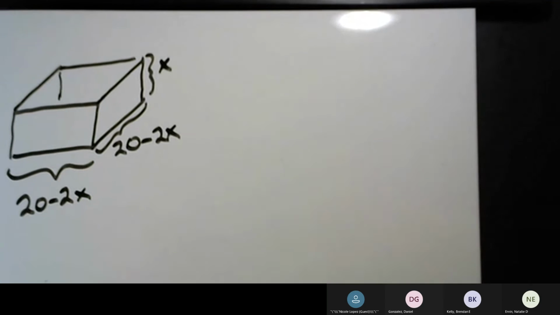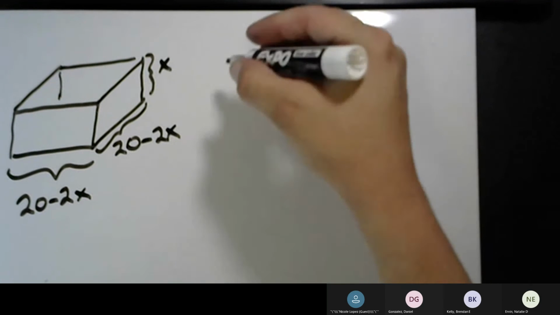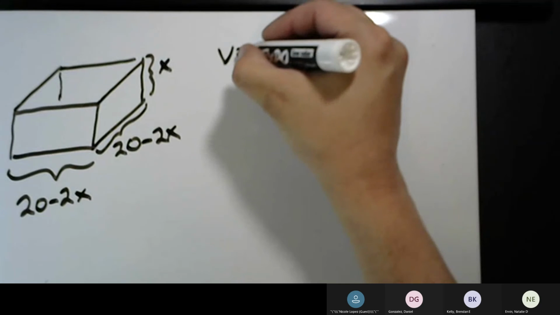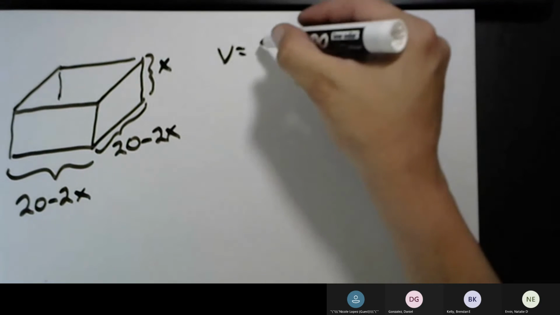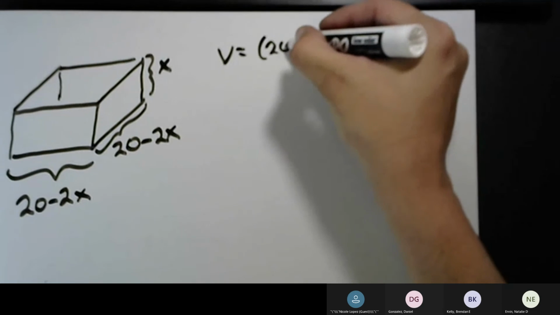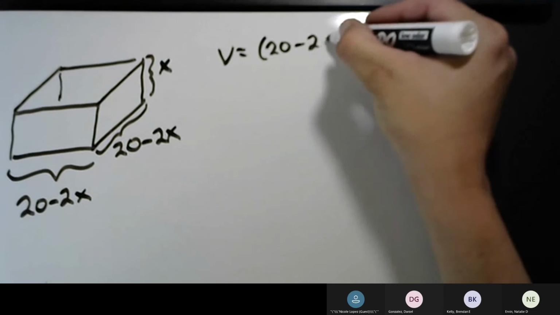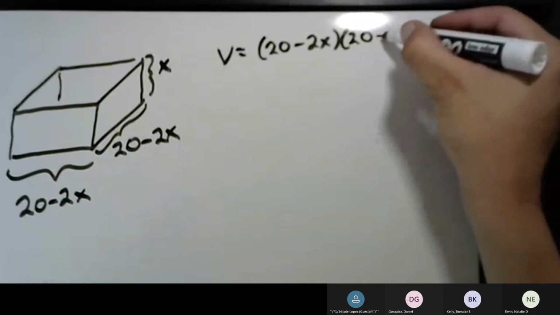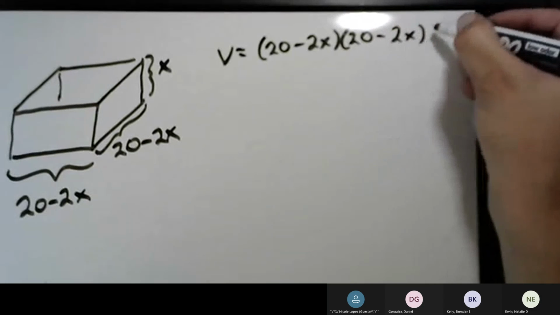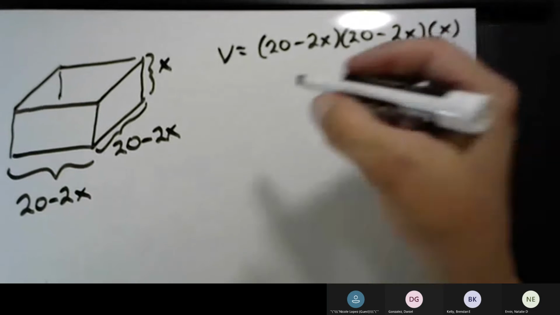So we want to maximize the volume. Here's our equation. The volume of a box is the length times the width times the height. So we get (20 minus 2x) times (20 minus 2x) times x.